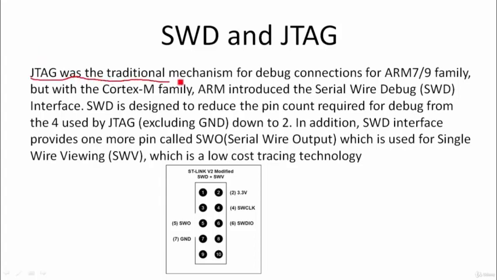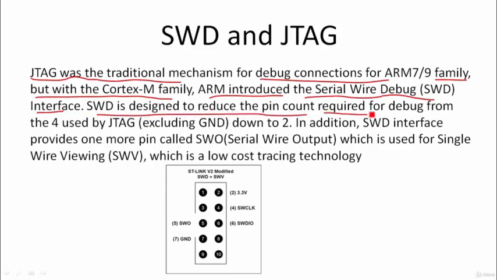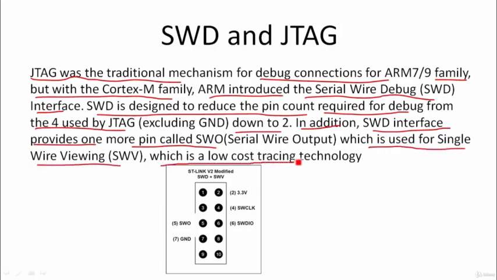JTAG was the traditional mechanism for debug connections for the ARM7 or ARM9 family, but with the Cortex-M family, ARM introduced the serial wire debug interface. SWD is designed to reduce the pin count required for debug from the 4 used by JTAG down to 2. In addition, the SWD interface provides one more pin called SWO, which is used for single wire viewing, a low-cost tracing technology.